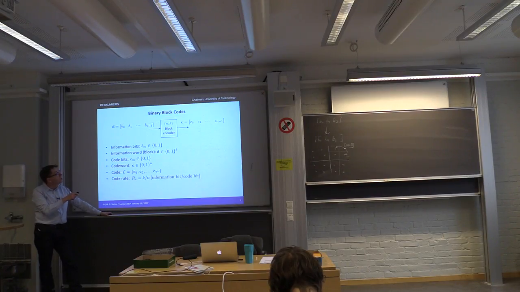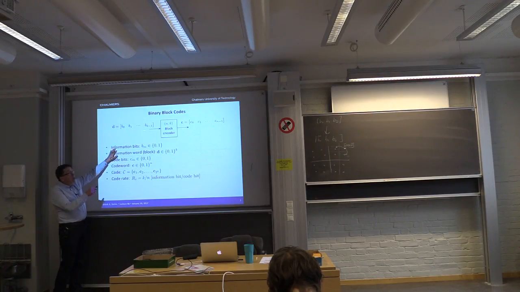Okay, so there are bits in and bits out, but the number of bits out is larger than or equal to the number of bits in the input. So the number of output bits is small n, and the number of input bits is small k. So this is called an (n,k) block encoder.